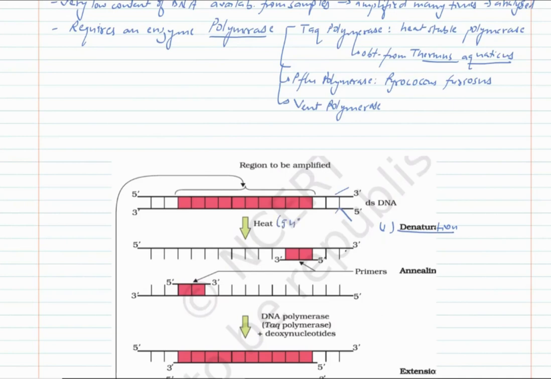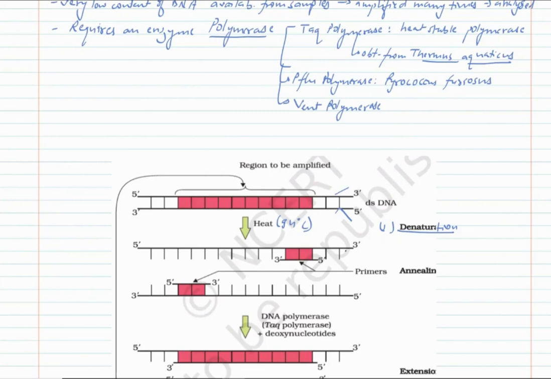At 94 degrees Celsius, these two strands will separate from one another and we will obtain two single-stranded molecules instead of a double-stranded molecule.